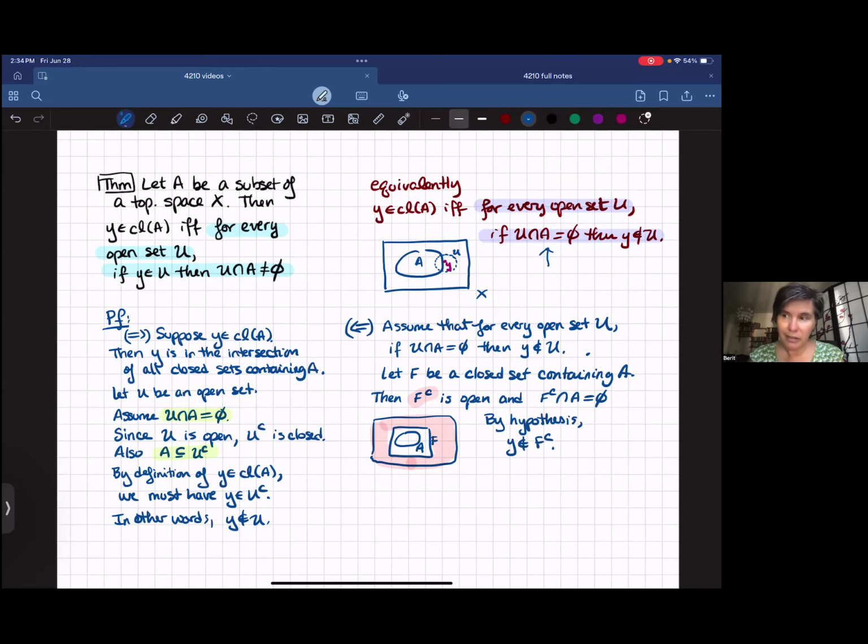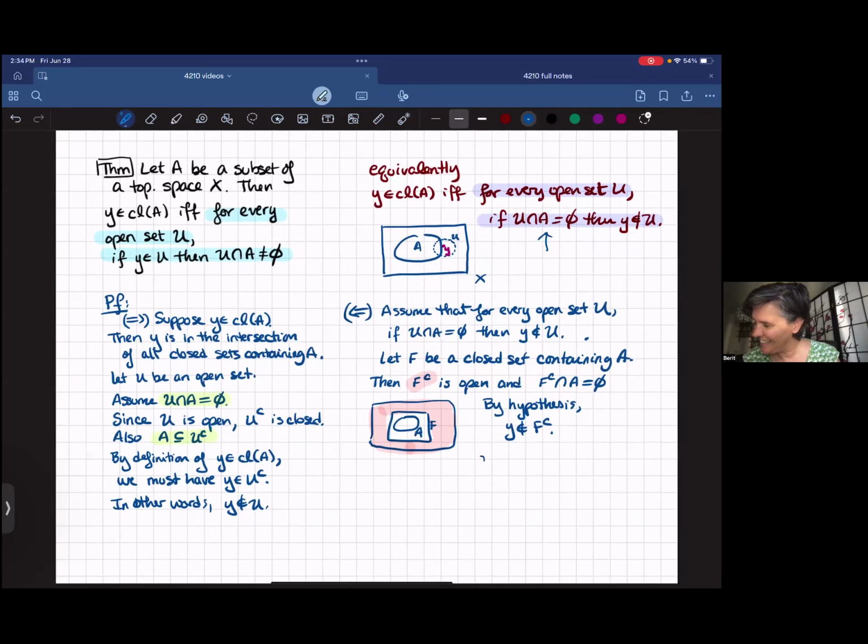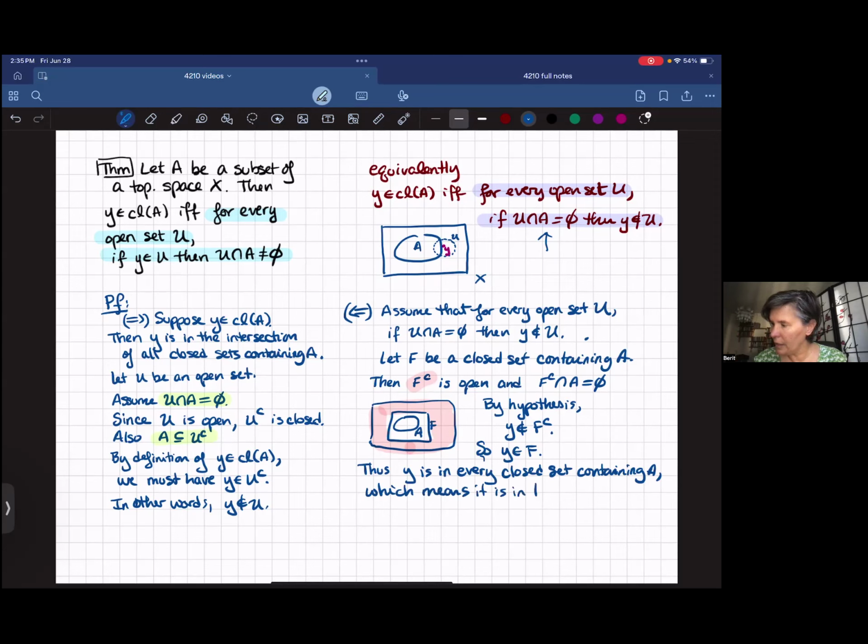Well, if you're not in F complement, then that must mean you are in F. So Y is in F. But F was just an arbitrary closed set containing A. So without knowing anything about it other than that it was a closed set containing A, I was able to show Y is in F. Thus, Y is in every closed set containing A, which means it is in the intersection of all closed sets containing A.